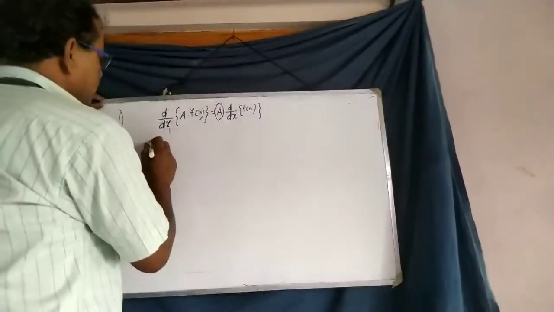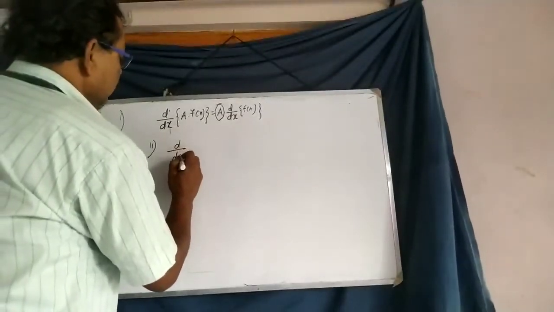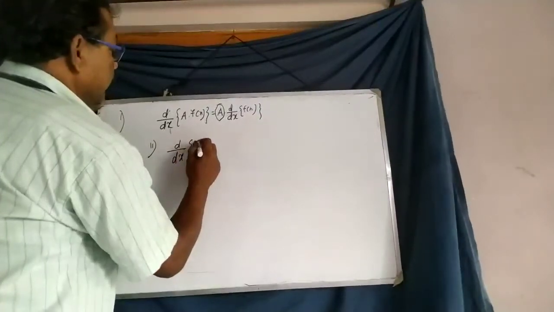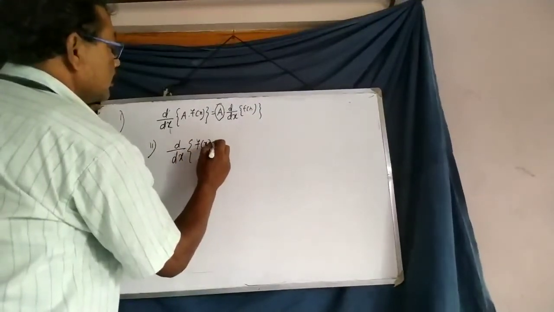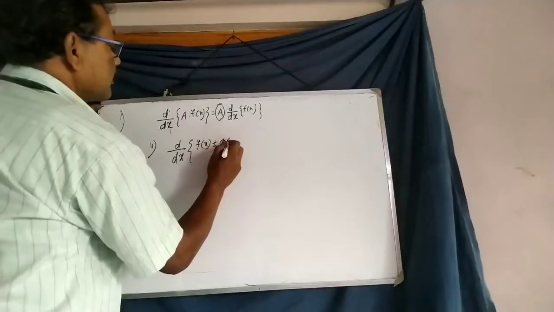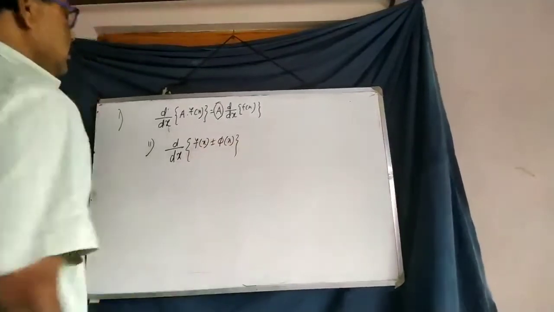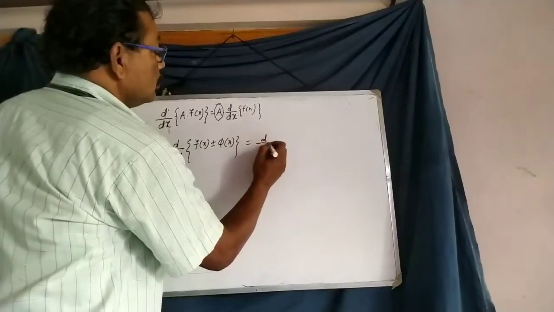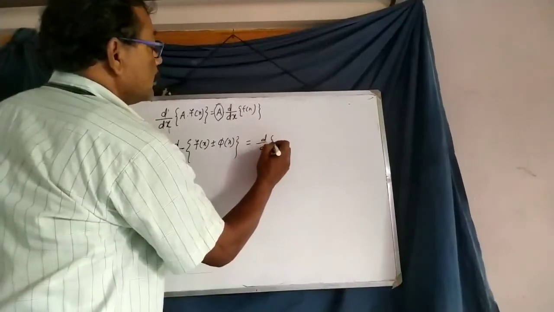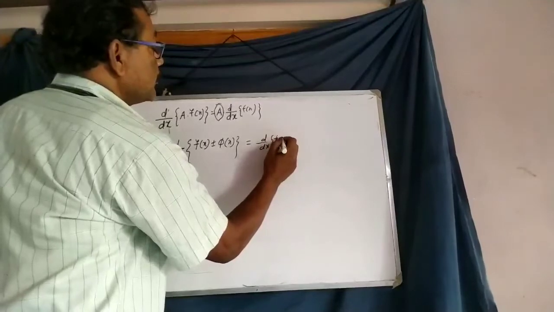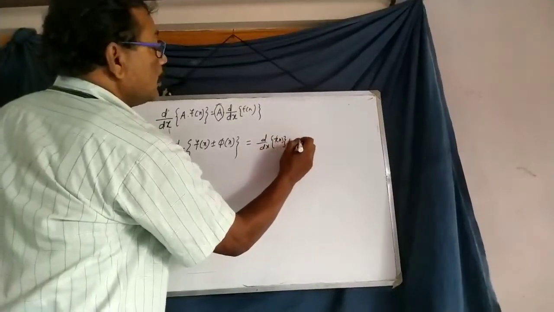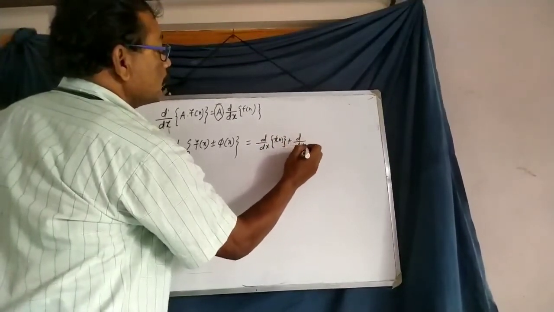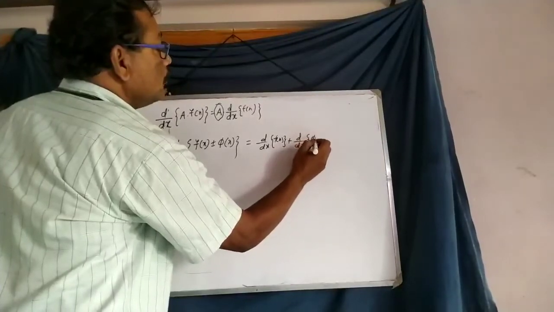Addition and subtraction of two functions. Number two, d/dx of f(x) plus minus phi(x) is equal to d/dx of f(x) plus minus d/dx of phi(x).